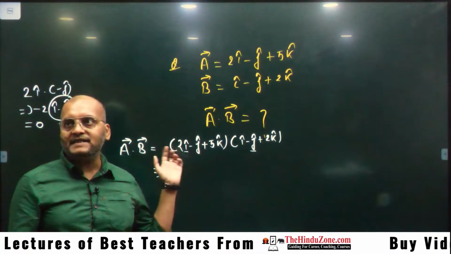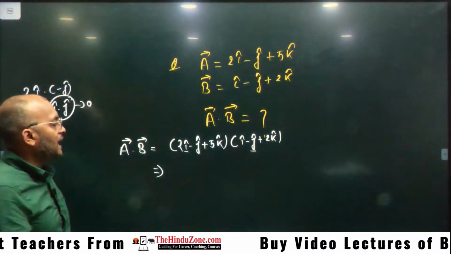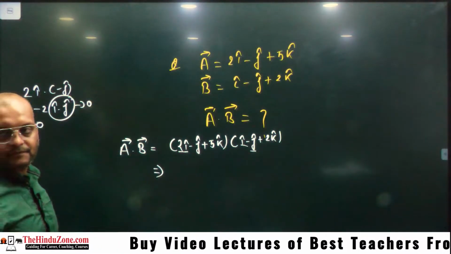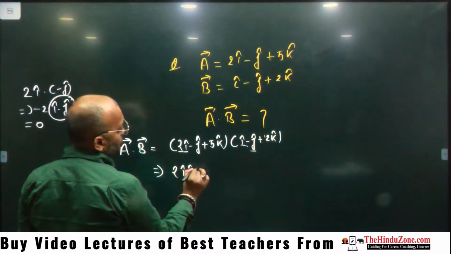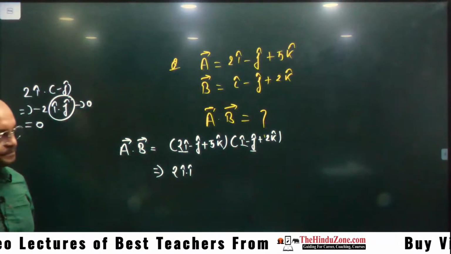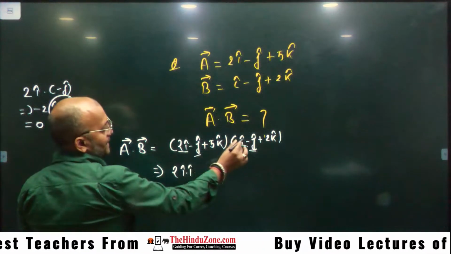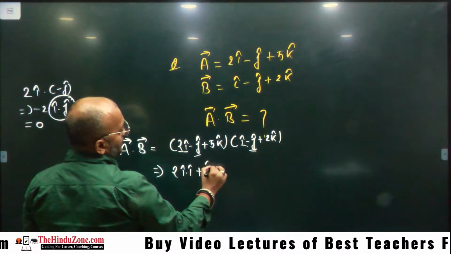So there's no use writing all those things. Just multiply the same type of unit vectors. What I mean is, multiply 2i cap with i cap, so you will get 2 into i cap into i cap. Multiply minus j with minus j cap, so minus minus is plus, and j dot j.